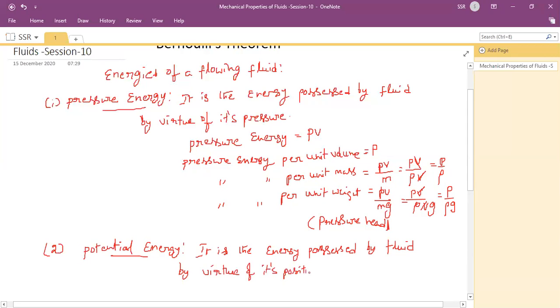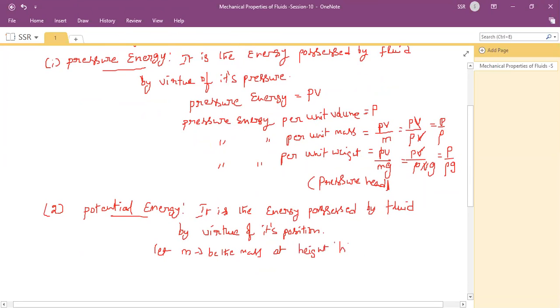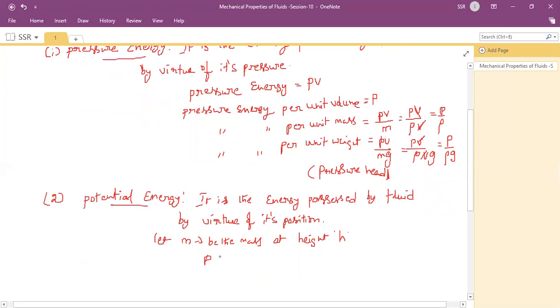So how to write this potential energy? Suppose let m be the mass of the fluid, at a height h. Then what is the potential energy of this fluid? PE is equal to mgh. Do you agree?